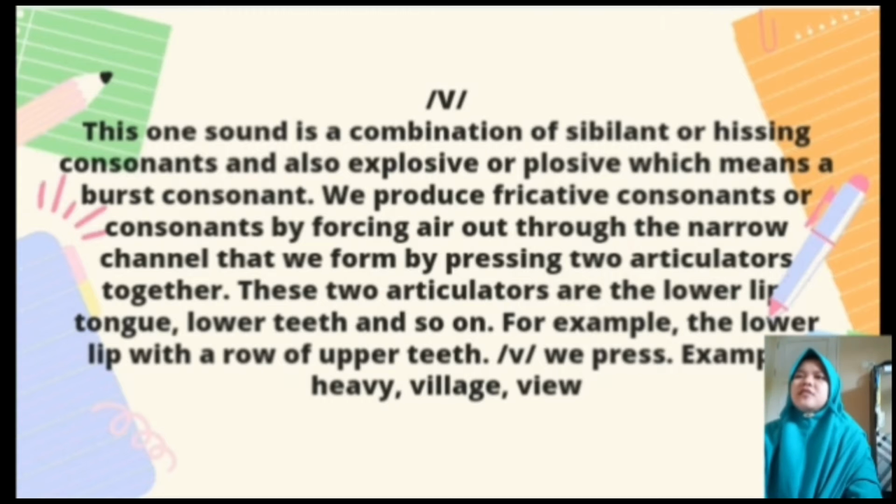These two articulators are the lower lip, tongue, lower teeth, and so on. For example, the lower lip with a row of upper teeth. We press. Example: heavy, feel like, phew.